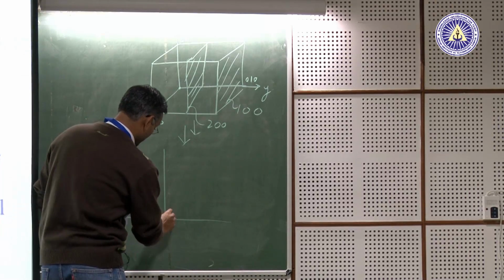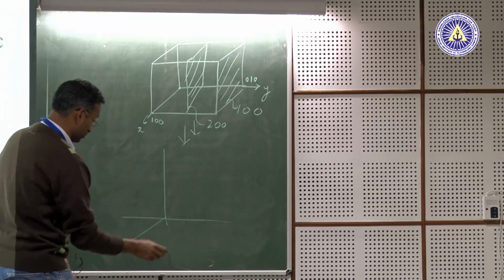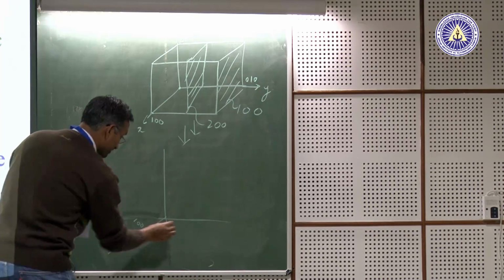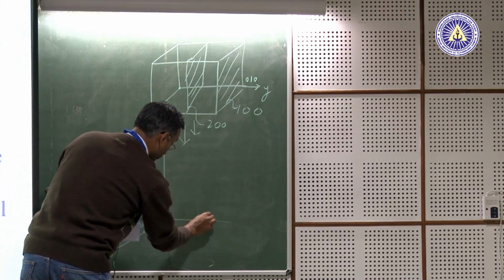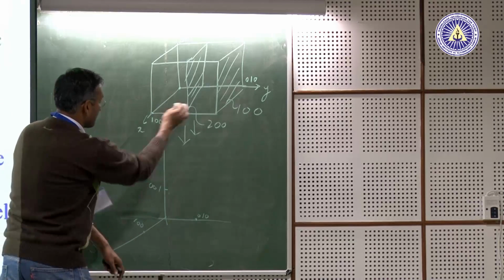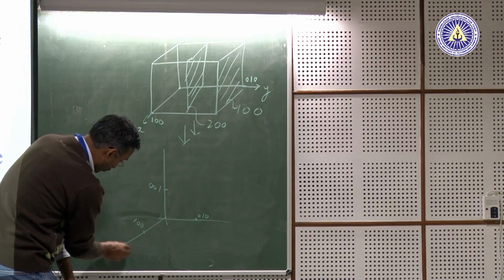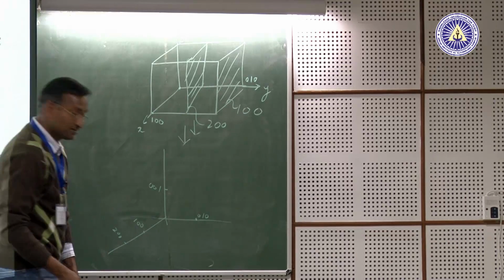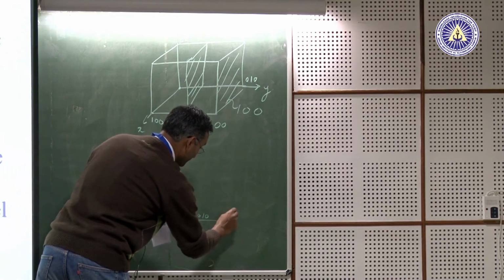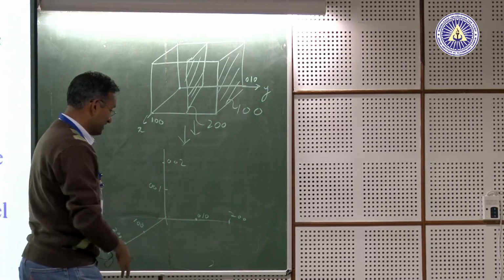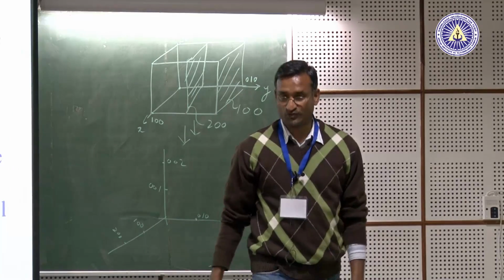The next point is 200, which will go at a distance double that of your real lattice distance. So this will move out of the lattice, and that is how you can keep building the reciprocal lattice.